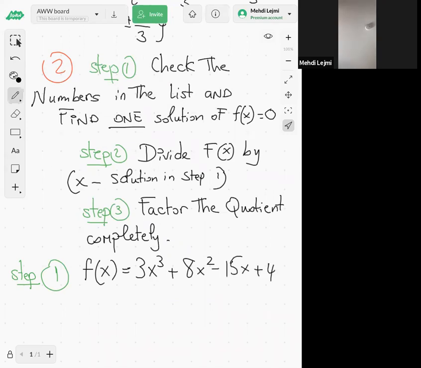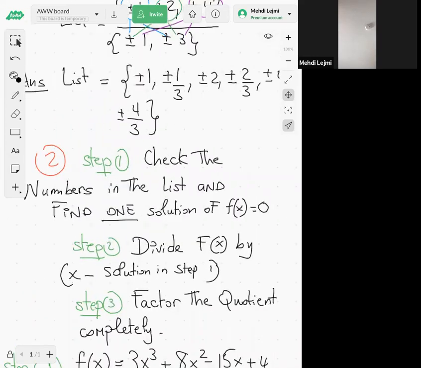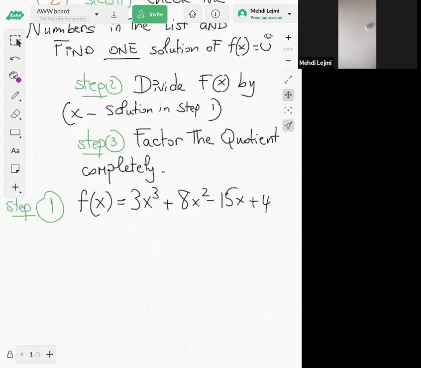So the first number in the list is, of course, plus or minus 1, right? So first number, let's say it's positive 1. So we're going to check positive 1 to see if it's the solution of f of x equal to 0. So I'm going to plug positive 1 in f of x, right?